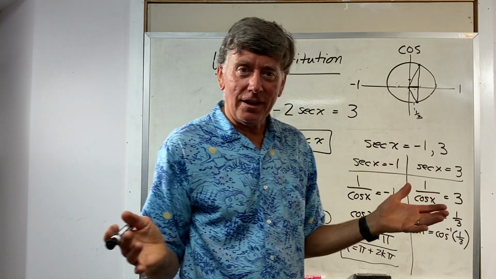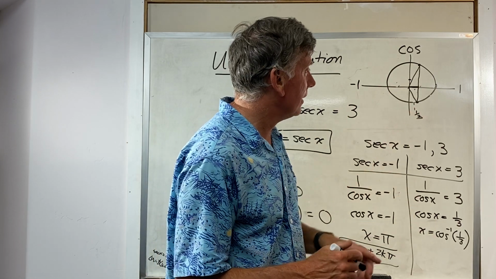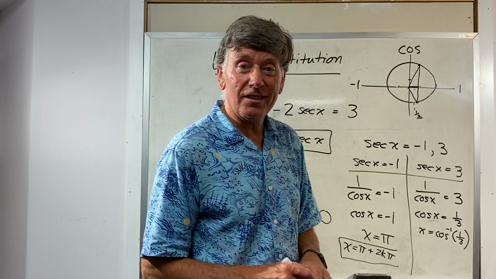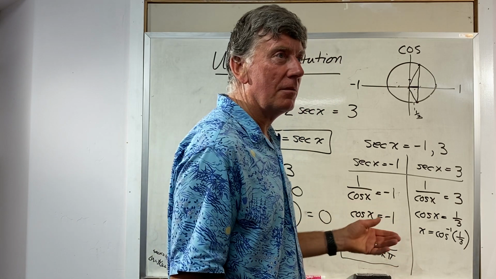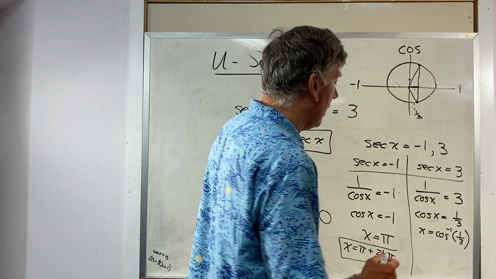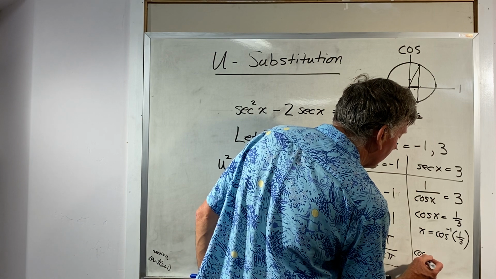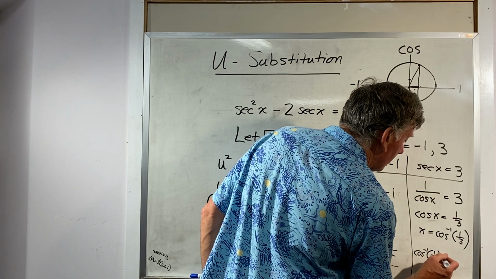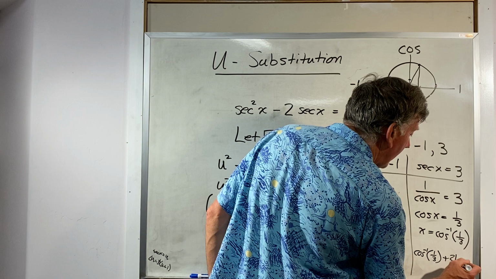Now I have both my devices tied up right now, so I can't tell you what the actual angle is, but it's going to be more than 60 degrees, probably 65 degrees. To write it exact, I'm going to say cosine inverse of 1/3, because that's an angle, plus 2k pi.